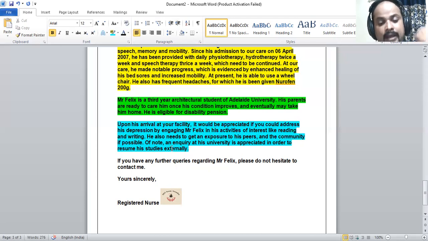If not, an inquiry at his university is appreciated in order to resume his studies externally. So you have to make an inquiry at his university, that is Adelaide University, whether he can pursue his third year architectural studies, not as a regular student, externally.